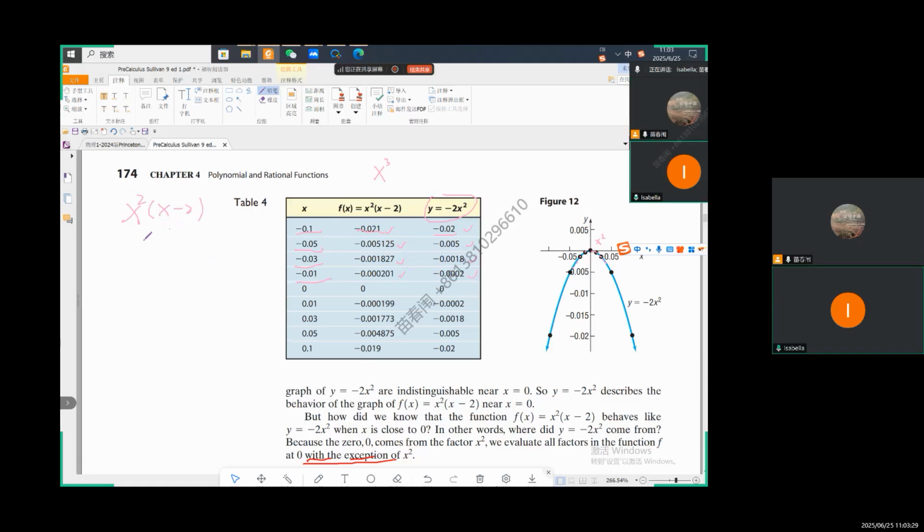Right, yeah, but why? When I substitute 0, for example, that's negative 2x squared, right? And why is that one becoming 0? Because if you really just expand that, it's x cubed minus 2x squared, right?